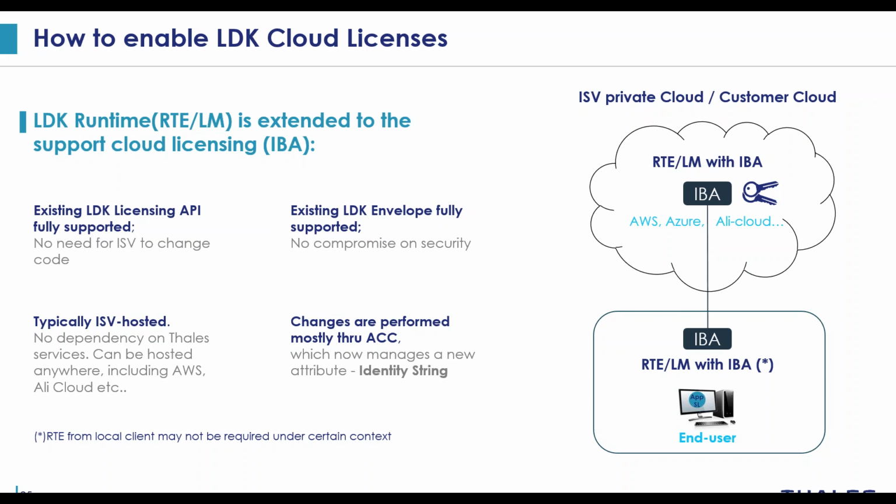Of course, also the envelope is fully supported for cloud-based licenses. The protected software has access to the information needed, and then you have no problem again using the cloud-based licenses with an enveloped program.